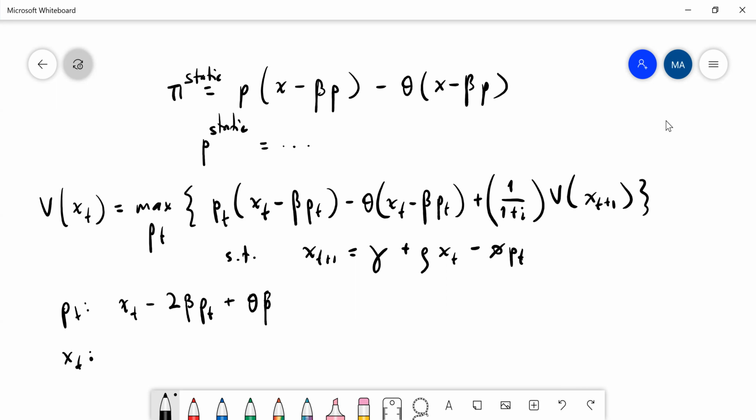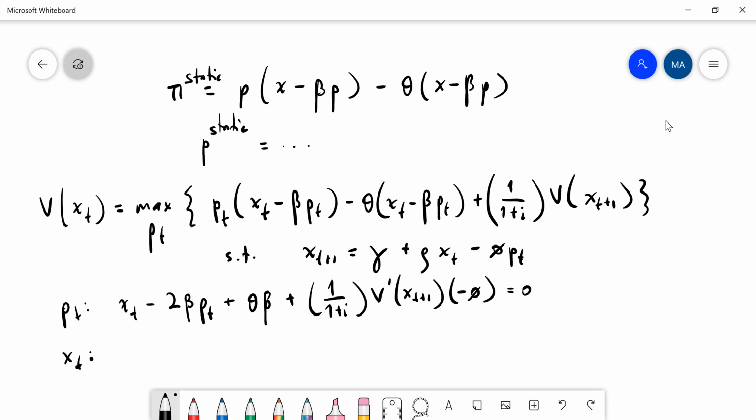I have X minus 2 beta PT. Then I have plus theta beta plus the derivative of this with respect to xt. Then the xt's derivative with respect to price, it is phi, all right?